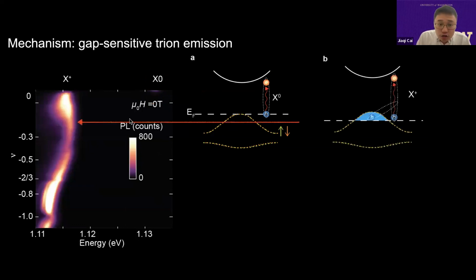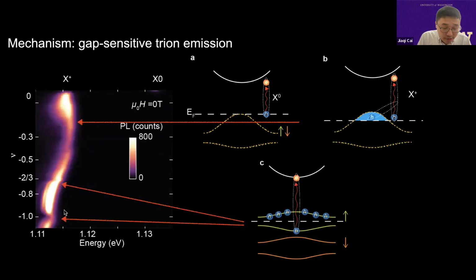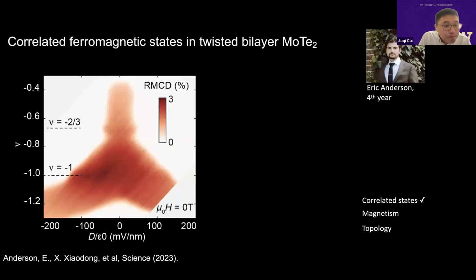Now you dope it, the exciton emission gets quenched to become trion. And then if you form a gap again at this fractional filling, you quench the hole sitting on the Fermi sea, and then you quench the trion population and you get less emission. So that's why you see the photoluminescence get quenched. And this is a good sense of the gap.